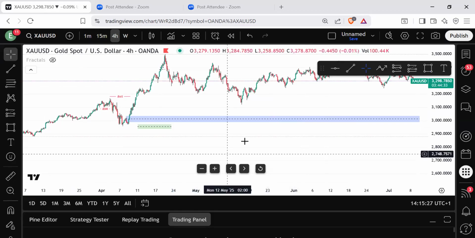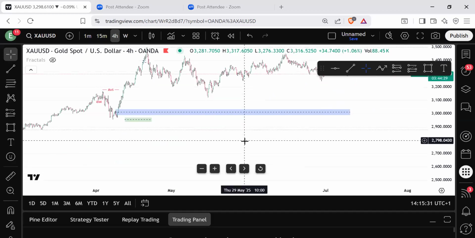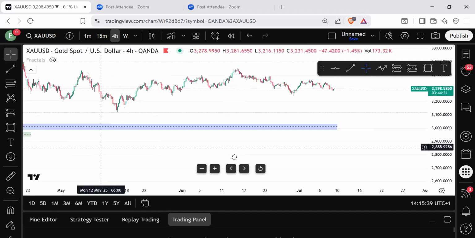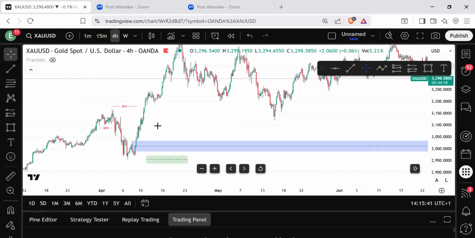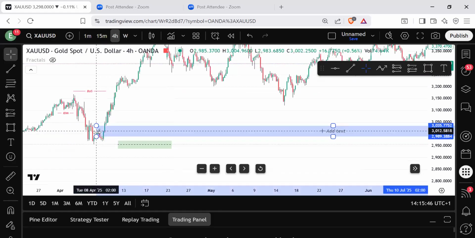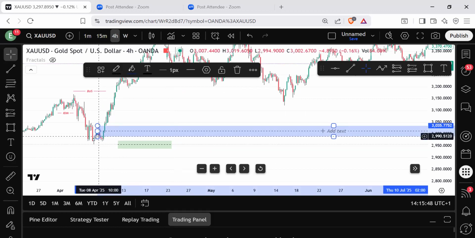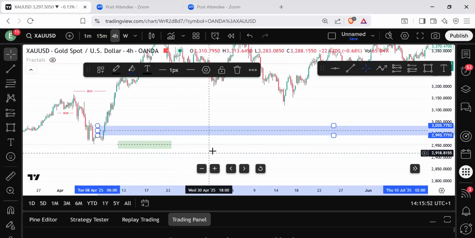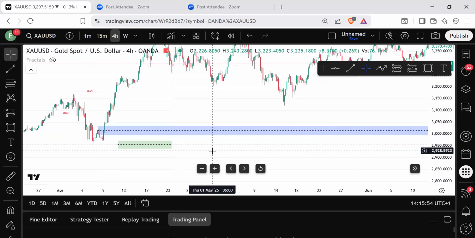This last point I didn't understand. The blue zone you marked there, is it because of the fair value gap only? Yeah, I'm showing the fair value gap zone. So why don't we draw this extremely from the bottom? Why did we keep it a little bit up?